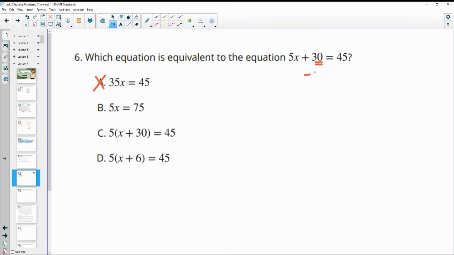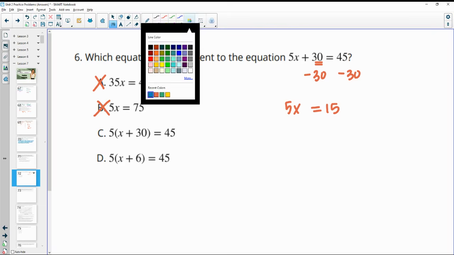In order to do that, we would subtract 30 from both sides, because then this would be 5x plus 0, and 5x plus 0 is just 5x. So then we'd have 5x equals 45 minus 30, which is 15. So not 75.